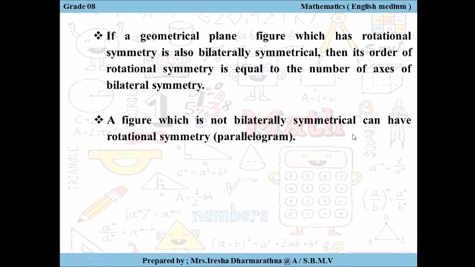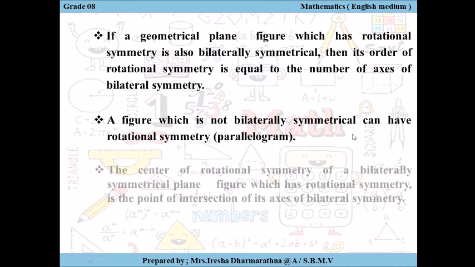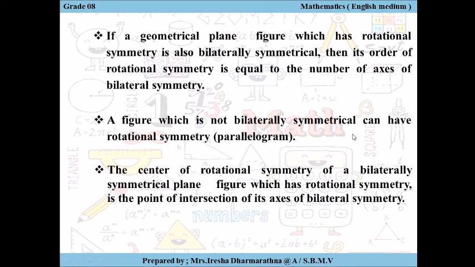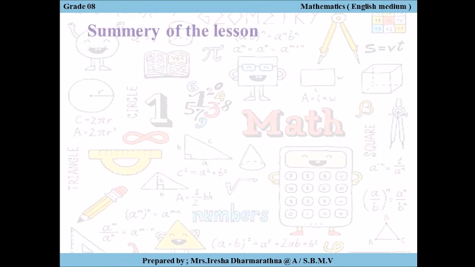A figure which is not bilaterally symmetrical can have rotational symmetry. What is the example for this one? Parallelogram. The center of rotational symmetry of a bilaterally symmetrical plane figure which has rotational symmetry is the point of intersection of its axes of bilateral symmetry.